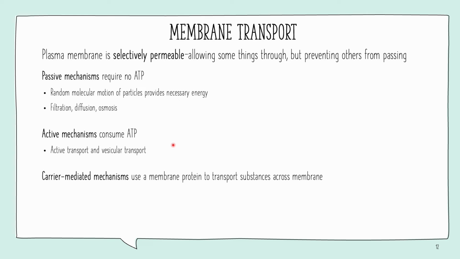Then you have mechanisms that need ATP. ATP is actually energy. These active mechanisms consume ATP. That is active transport and vesicular transport. Carrier-mediated mechanisms use membrane proteins to transport substances across the membrane.